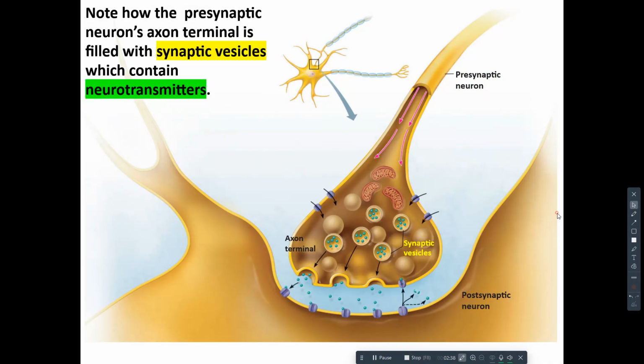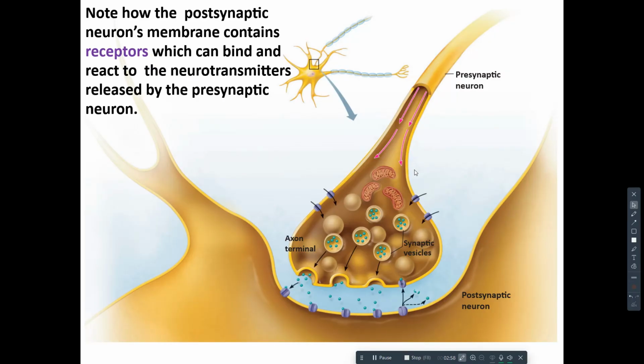Now I also want to point out that the axon terminal is filled with little membrane bags. And those little membrane bags are called synaptic vesicles. They're filled with chemical signals that are called neurotransmitters.